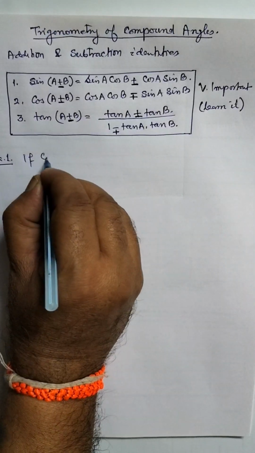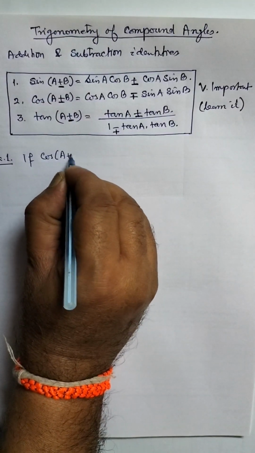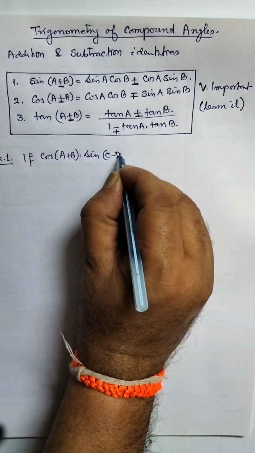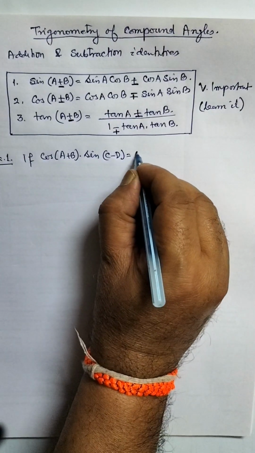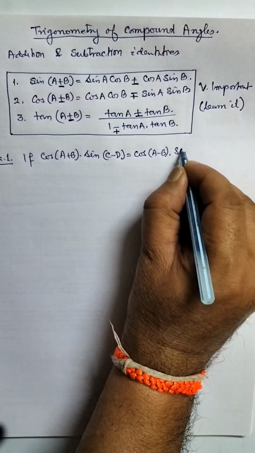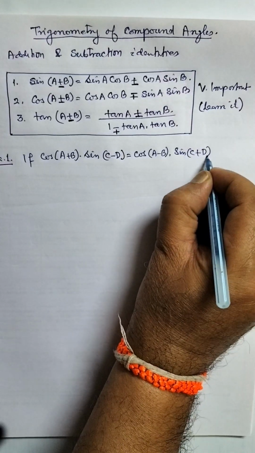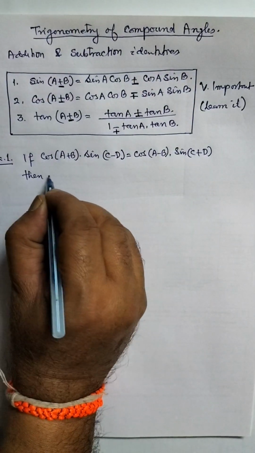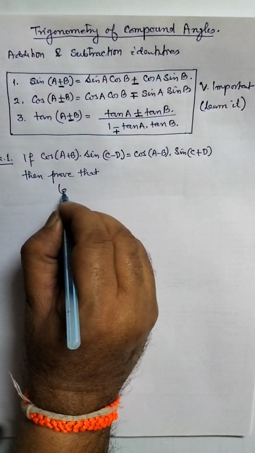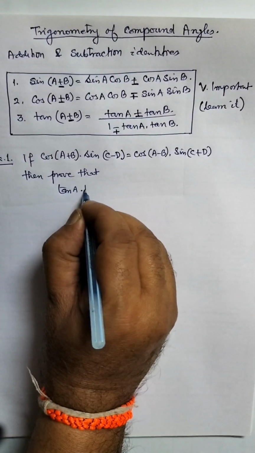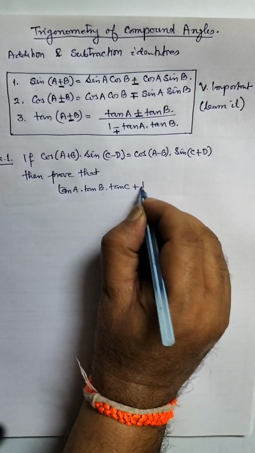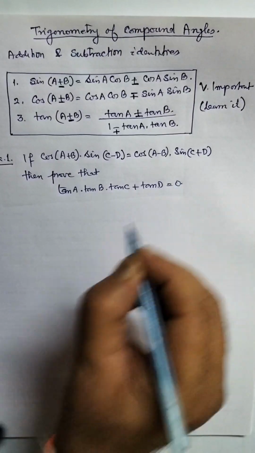If cos of A plus B times sine of C minus D is equal to cos of A minus B times sine of C plus D, then prove that tan A times tan B times tan C plus tan D is equal to 0.